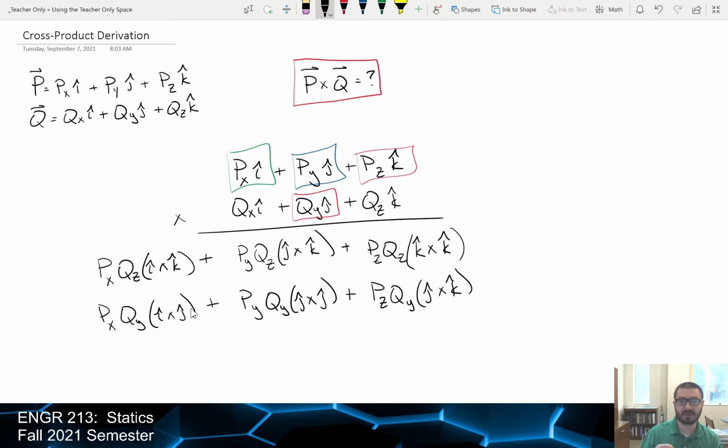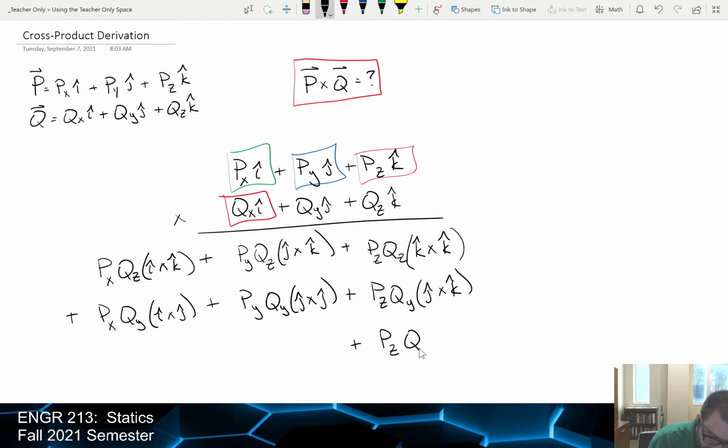And one of the other things that's really important is that I'm maintaining the order. It's P crossed with Q, so the P terms are always coming first. Plus, now we're going to do the same thing with this.